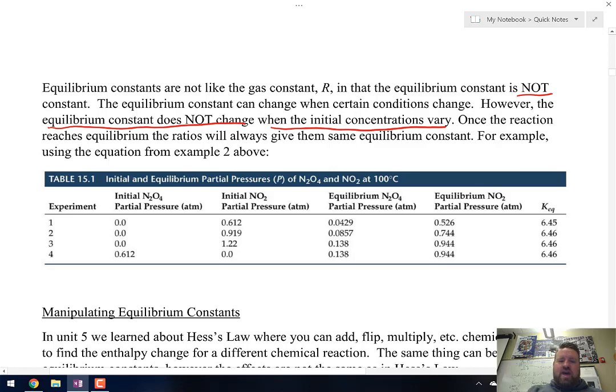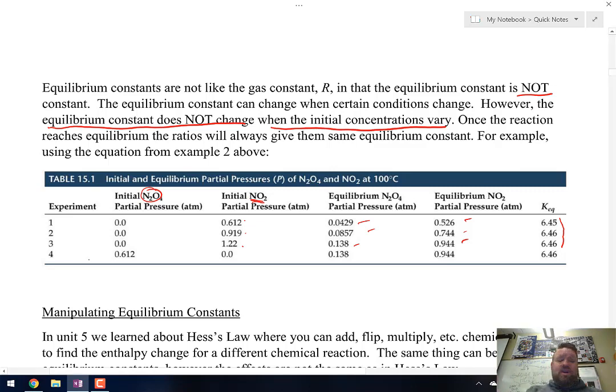So looking at that example, let's say like in experiments 1, 2, and 3, you start with no N2O4 and you start with some NO2, but you have a different amount every time. Once you reach equilibrium, these are your pressures of your products and reactants, but notice your equilibrium constant still stays almost exactly the same.